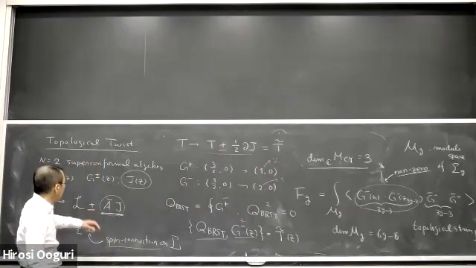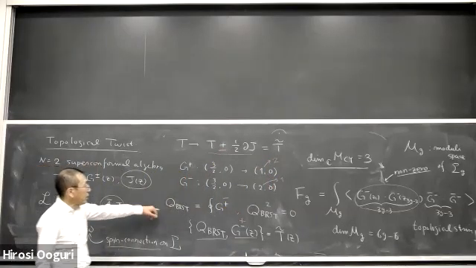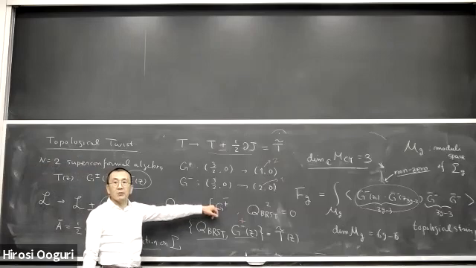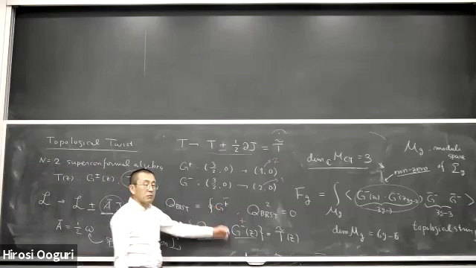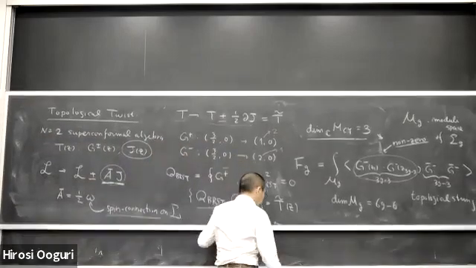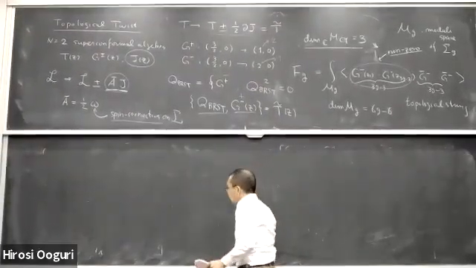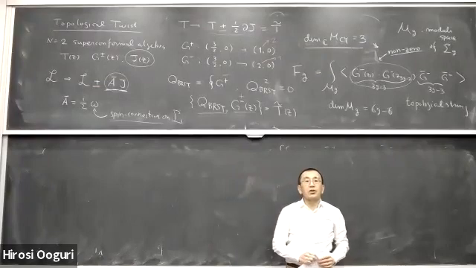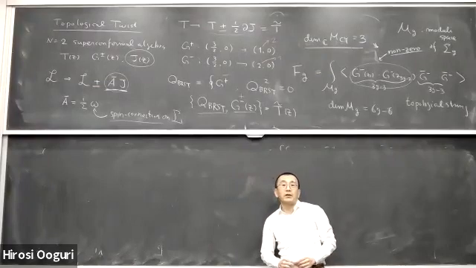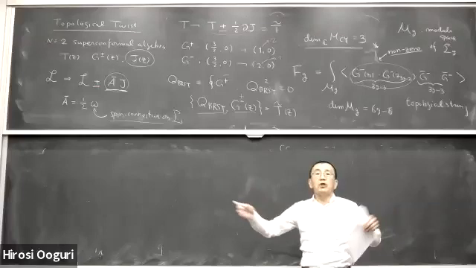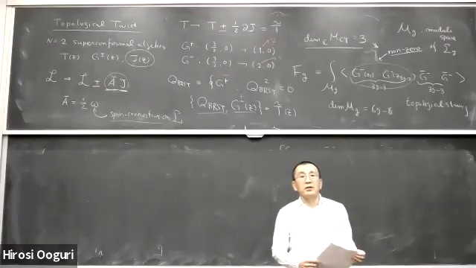If you have chosen the opposite sign here, then G minus becomes the BRST operator, and G plus becomes the antighost. So in fact, there are 4 different choices of topological twist, but 2 of them are complex conjugations of the other 2.